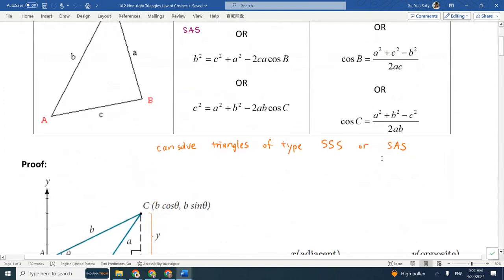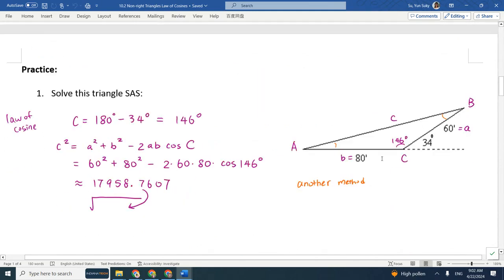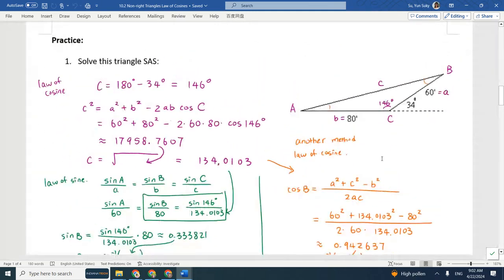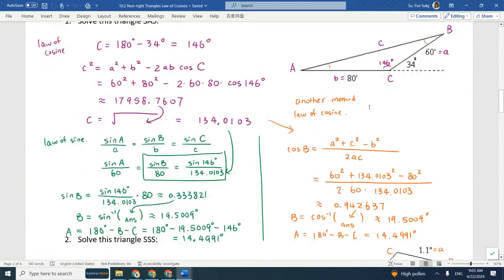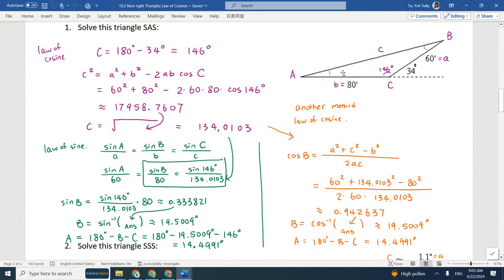Okay. And last time we did example 1, right? So we know side, angle, side. We can use this information to find the opposite side of this angle. And then after you do that, you know the information of all 3 sides plus an angle.